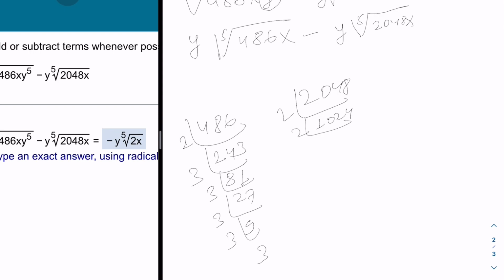The number 1024 is even, so again we can divide it by 2.